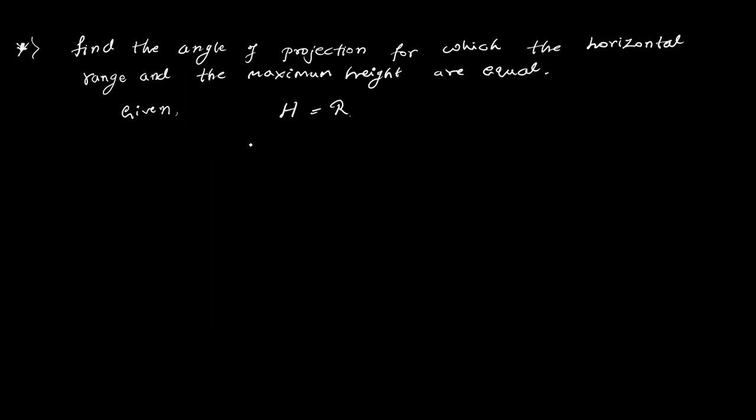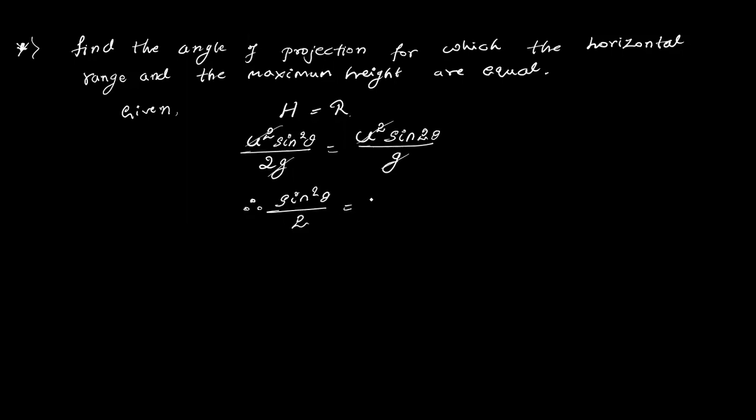The maximum height formula, we know, is u square sine square theta divided by 2g, and this is u square sine 2 theta divided by g. So cancel the similar terms on both sides. u square and g will get cancelled. Therefore, sine square theta by 2 is equal to sine 2 theta.